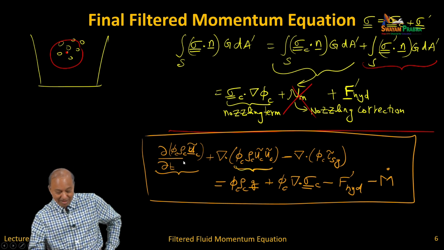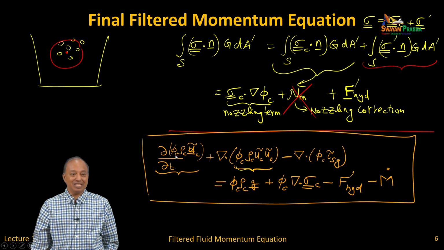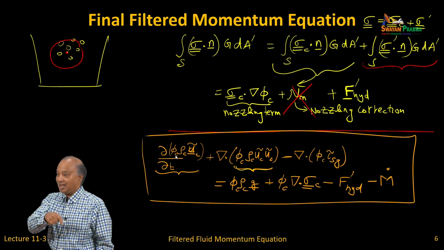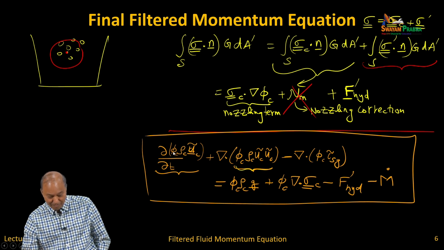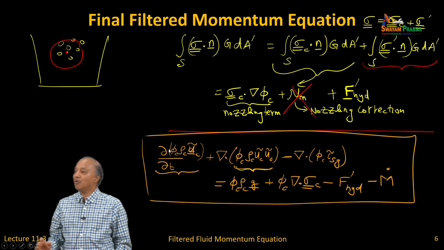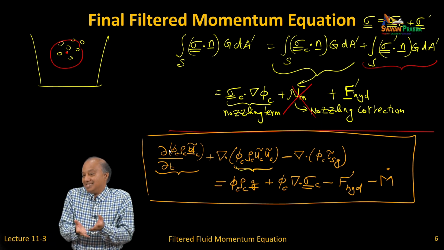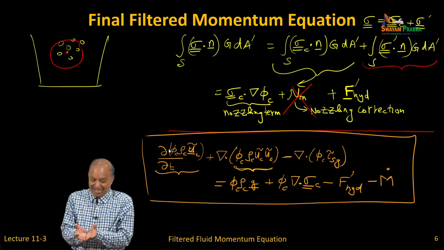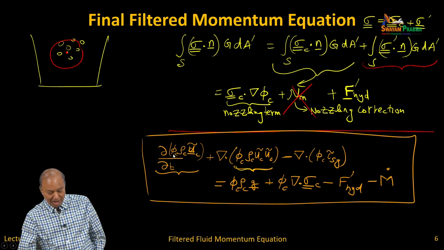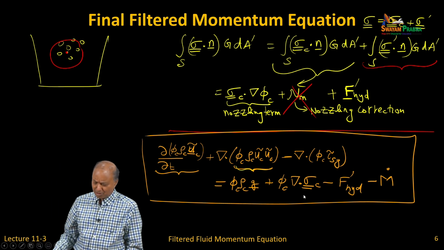So, the particle is only occupying a fraction of the region, and you have to have that phi c. This volume fraction of the continuous phase tells you that only that much fluid is there. Okay. So, now this is written in compressible form, and you can write the incompressible version.